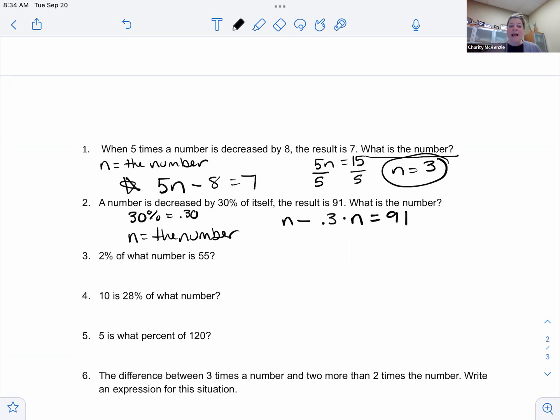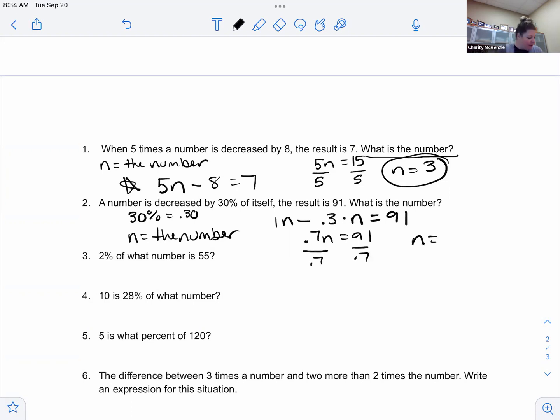Okay, so when I have 1n and I minus 0.3n, I want you to think of this as a 1n. So be careful of that. 1 minus 0.3 is 0.7n equals 91. So just remember that when you just have an n, it's a 1n. Then I can divide and find what n equals.